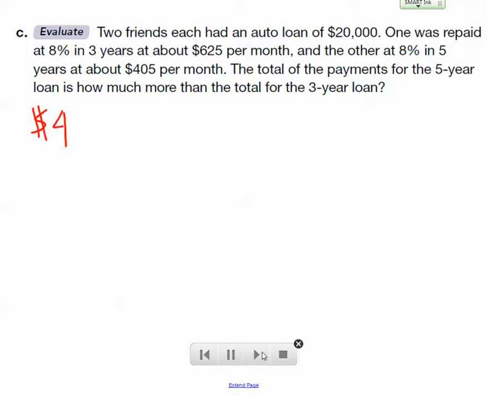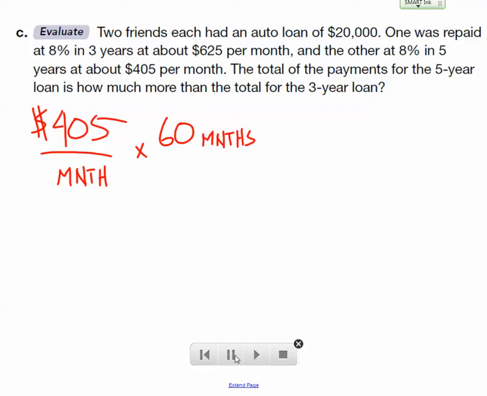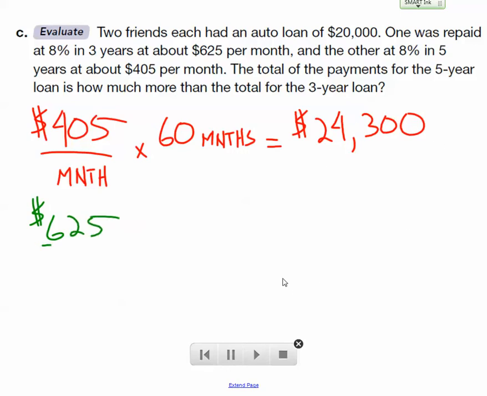The 5-year loan, we're paying $405 a month times 60 months. 5 times 12 is 60. So 405 times 60 is $24,300. So that's how much they're paying for that $20,000 car, $4,300 in interest.